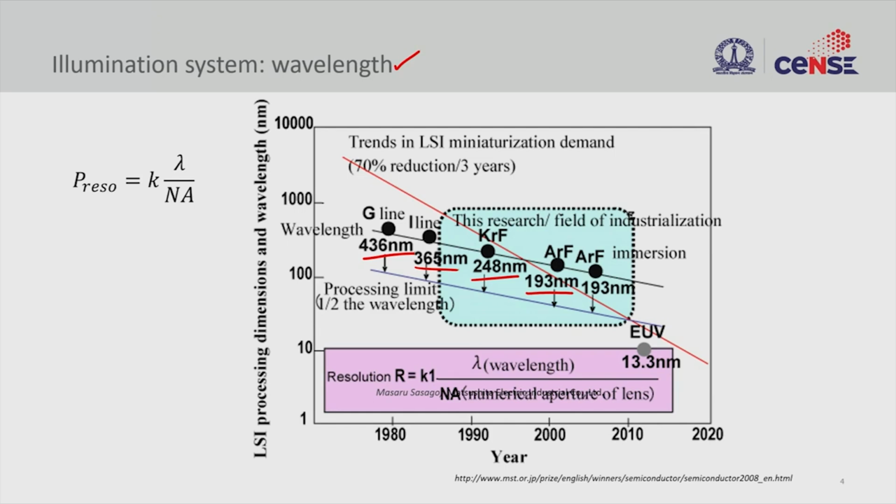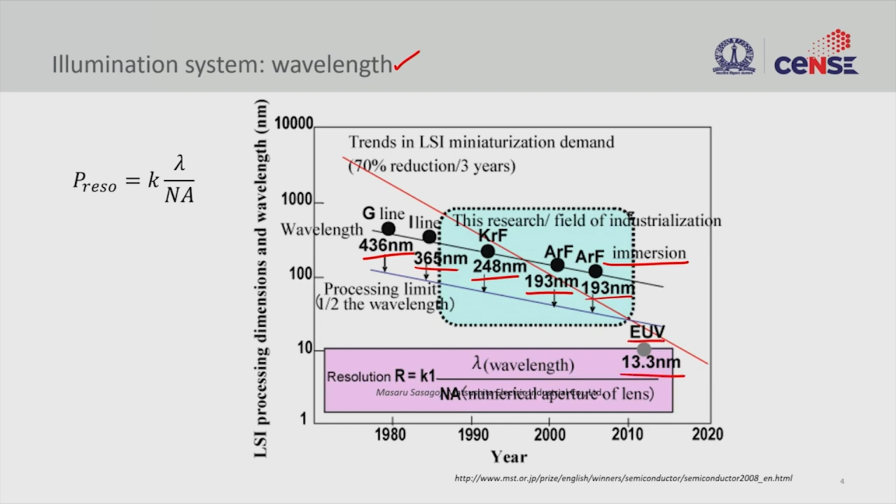So we are still using 193 lithography, but you can see there is a new technology called immersion that has emerged to reduce the features even further, while the light source remained the same. But if you want to go to 10 and below 10, we need to also reduce the wavelength.